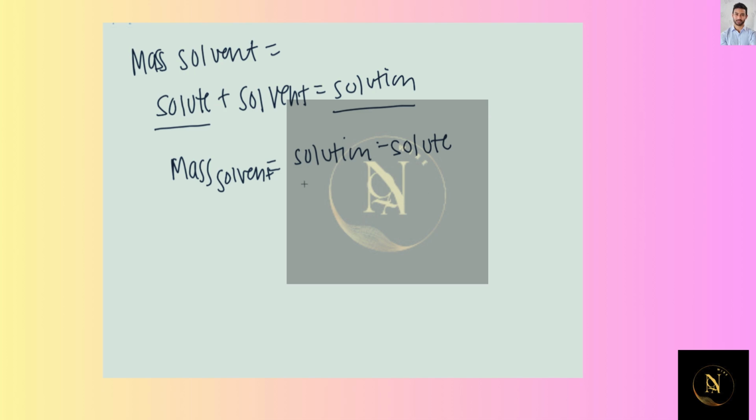We found in the very beginning that our solution was 1,002 grams, and we just found our solute to be 12.055 grams. Plugging that into our calculator, we get a mass of solvent of 989.9 grams. We're going to use that in a little bit.